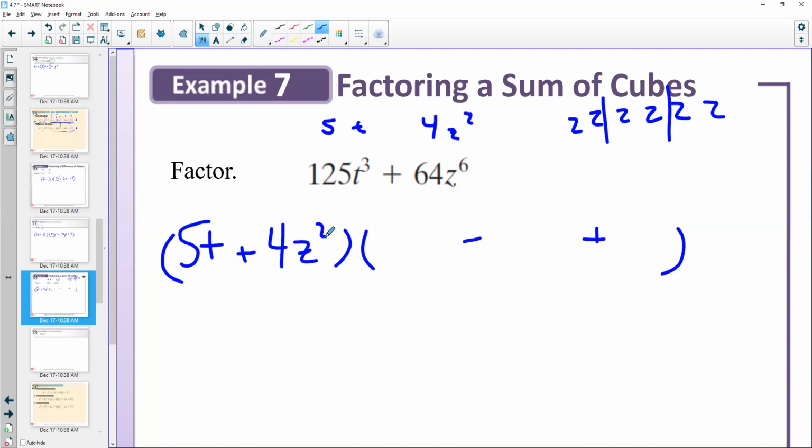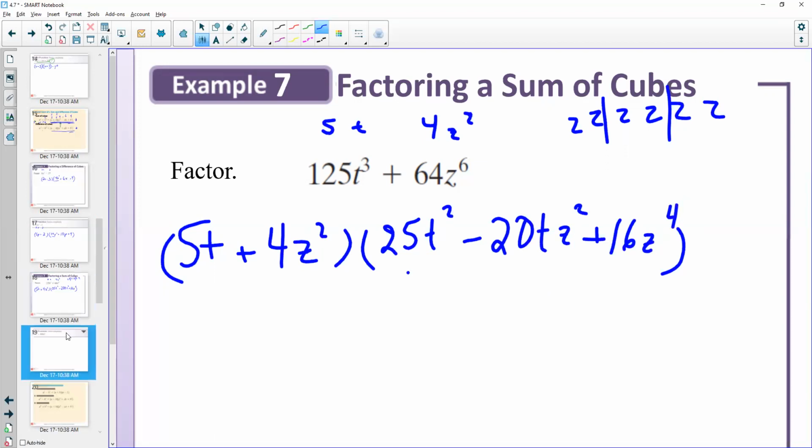Now it's a squared in that first spot, so 5t times 5t is 25t squared. A times b in the second spot, 5t times 4z squared would be 20tz squared. And then b squared is in the last spot, so 4z squared times 4z squared gets me 16z to the 4th. Finished. Okay.